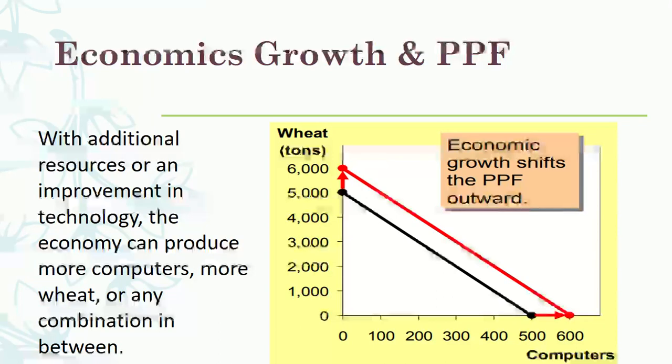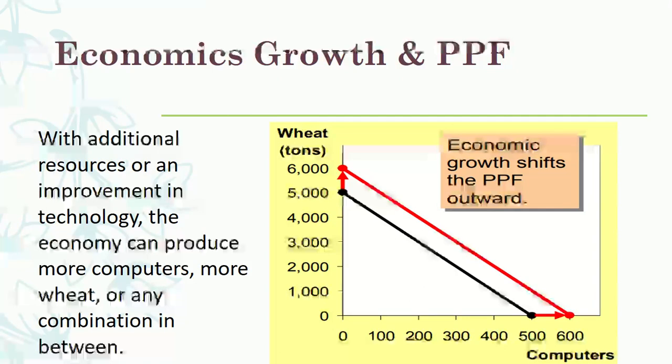Here the economic growth causes a parallel shift of the production possibility frontier, and since the new production possibility frontier is parallel to the old one, the trade-off between the two goods is the same. However, this is not always the case.